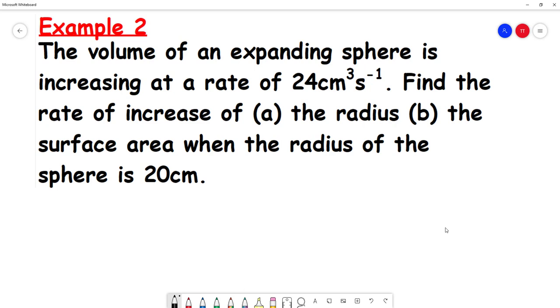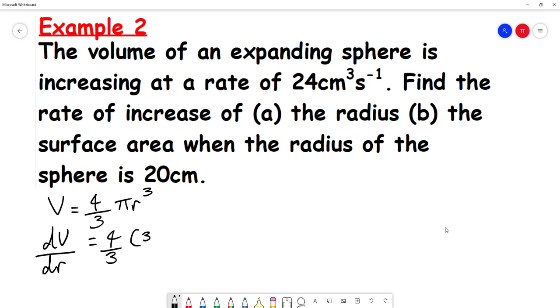So we're going to start off by writing down the volume for this question. So the volume of a sphere, we know, is 4 over 3 pi r cubed. We can differentiate this to give me dV by dr is 4 over 3 times 3 pi r squared. The 3s cancel, so I get 4 pi r squared. Let's substitute 20 in.